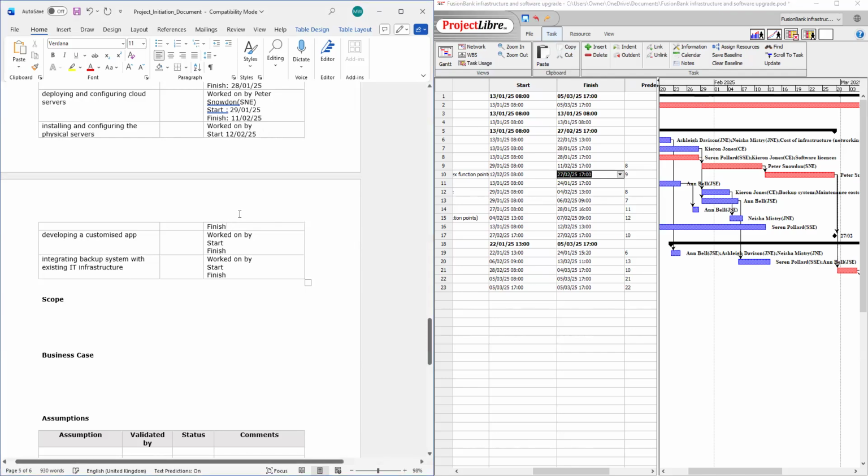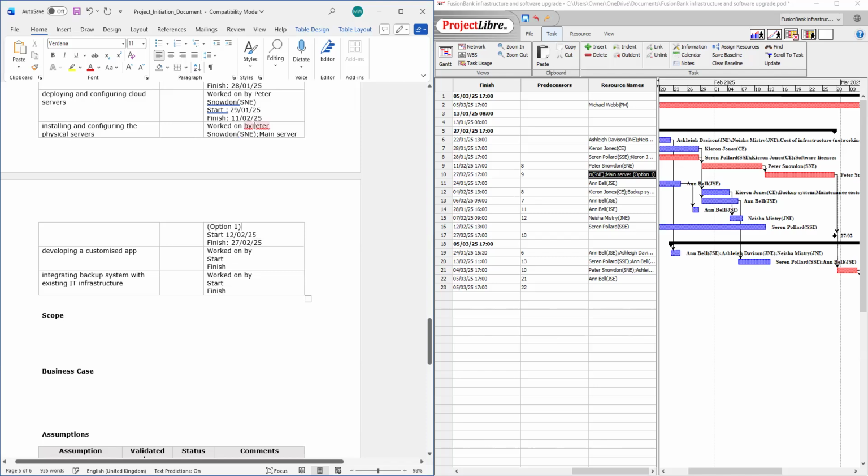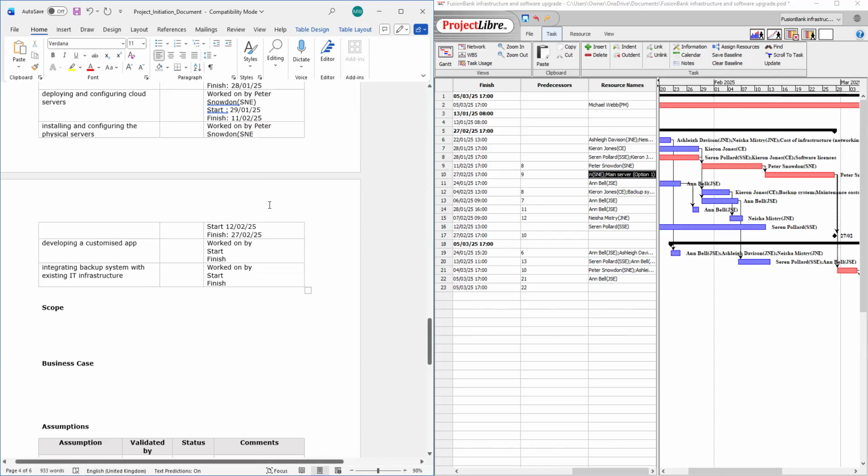So we finish here. Then worked on by, and we go over to the resource column. And look at that. We're just going to copy this, but we have to be very mindful. I'm going to show you why. Worked on by, see what happened. The main server popped up. Main server, not supposed to be there. So you have to be very mindful when you're doing that.